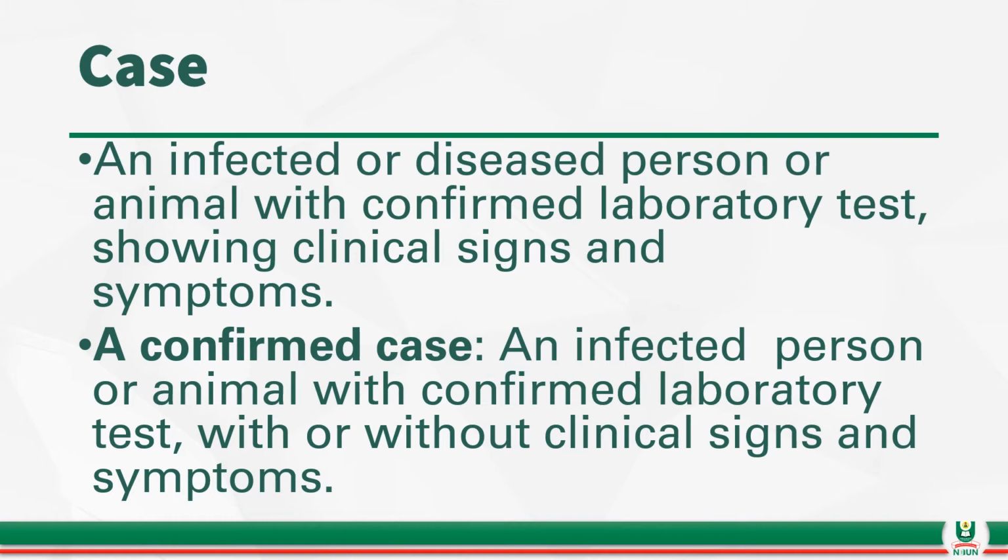When a case is a confirmed case, it means that that infected person or animal has a confirmed laboratory test, whether he's exhibiting clinical symptoms or signs. Like somebody who tests positive to COVID is a confirmed case, even though he may not be showing signs and symptoms of COVID. That's a confirmed case.